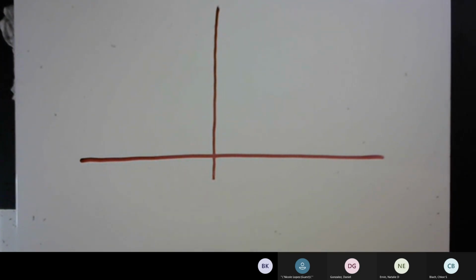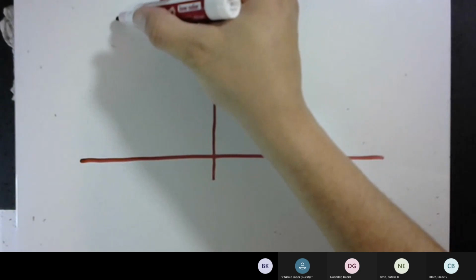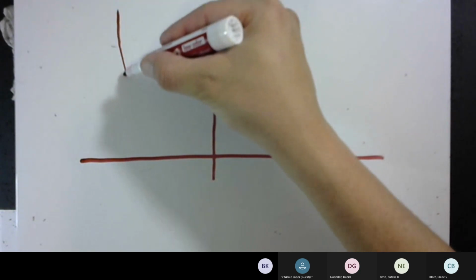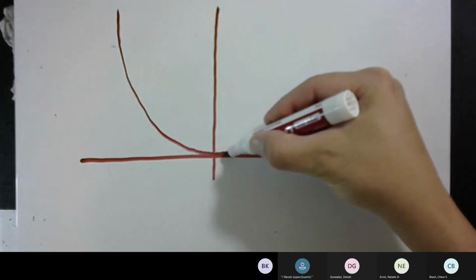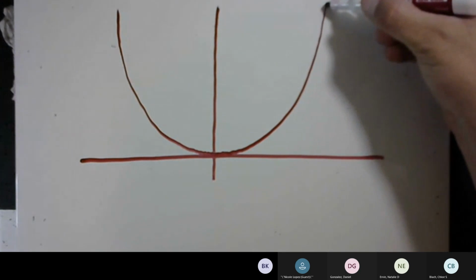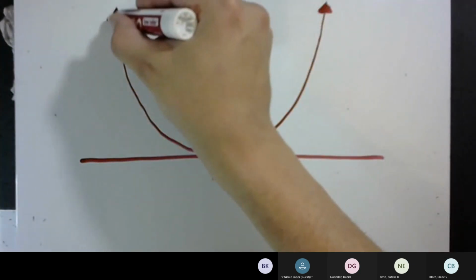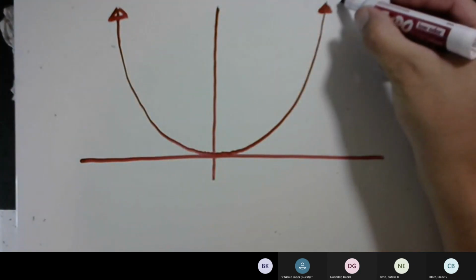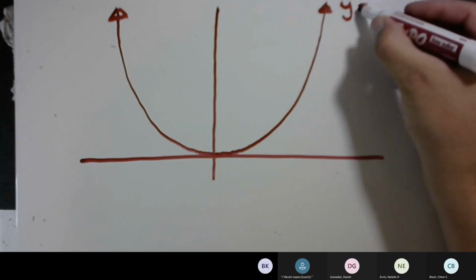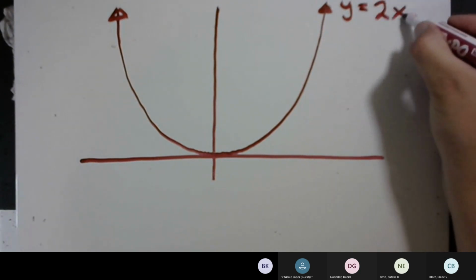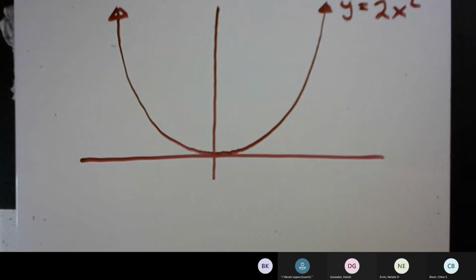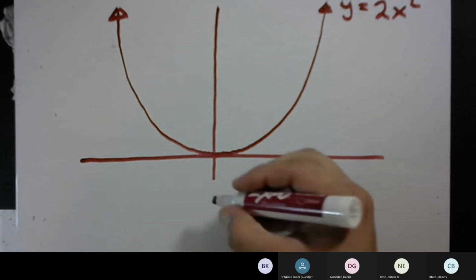So the first function is y equals 2x squared. Again, pardon any artistic license on my part.